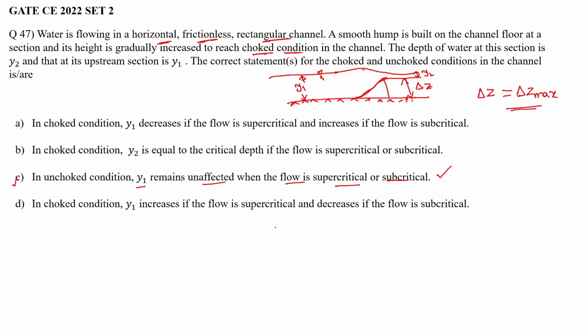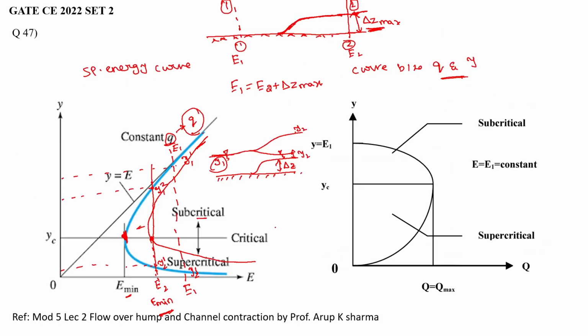In a choked condition, what happens? Let me put it in the correct words. In a choked condition, for the flow to be possible, the upstream flow condition must change. Let me write it here so that it will be clear for you.